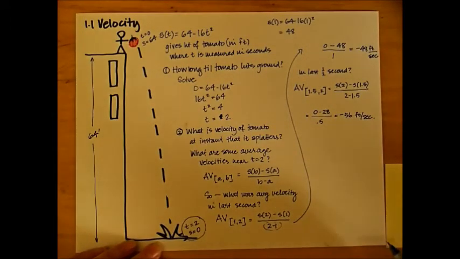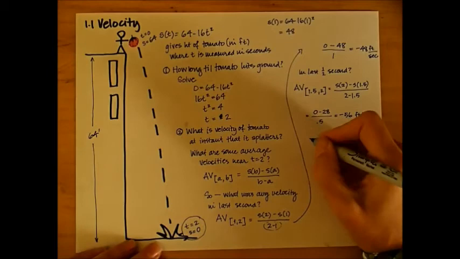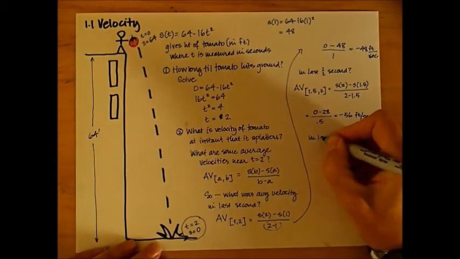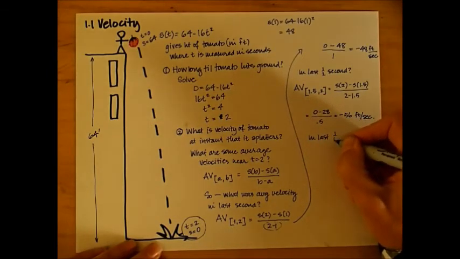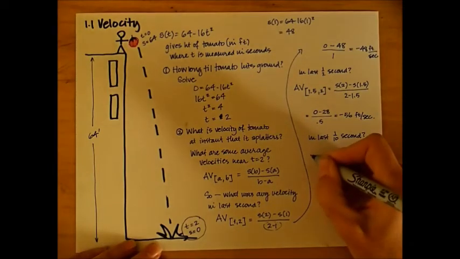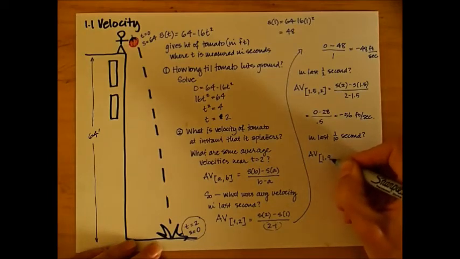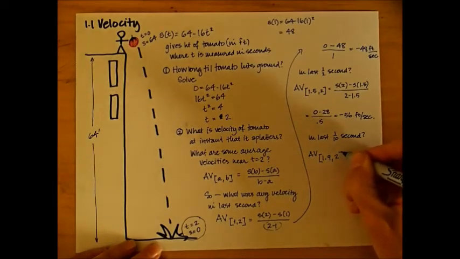So we could continue like this, closing in on this interval. Like we can ask, what about in the last tenth of a second? Avg of 1.9 up to 2.